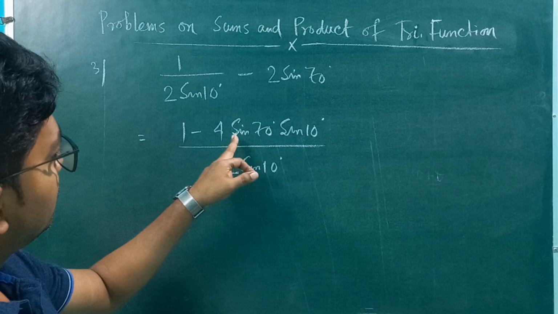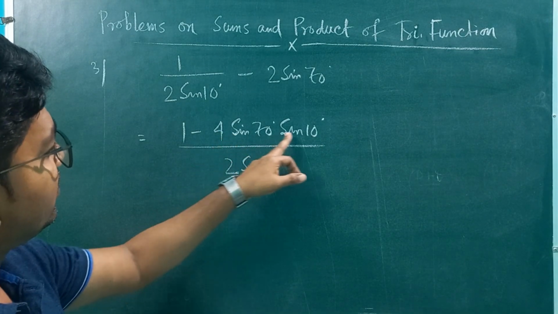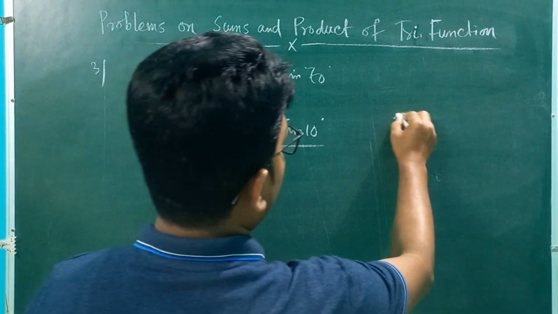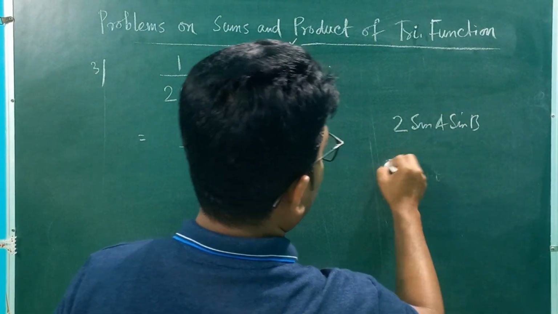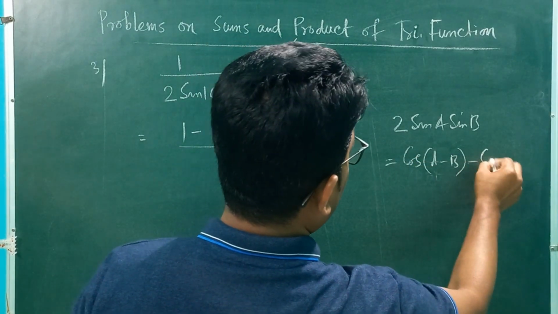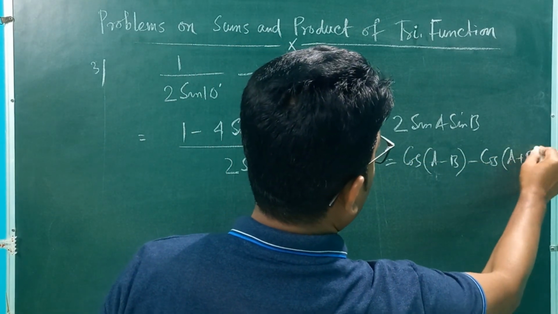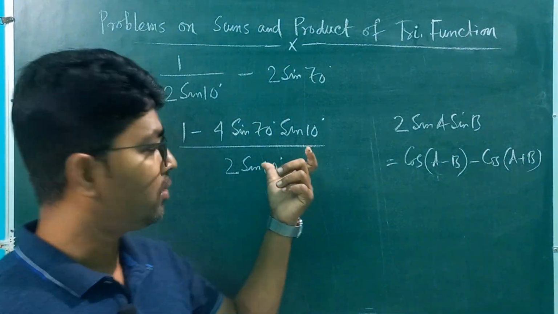If you take 2 from this 4, then this one becomes 2 sin A sin B. And what is the rule? This one is cos (A minus B) minus cos (A plus B). We will apply this formula on this part.